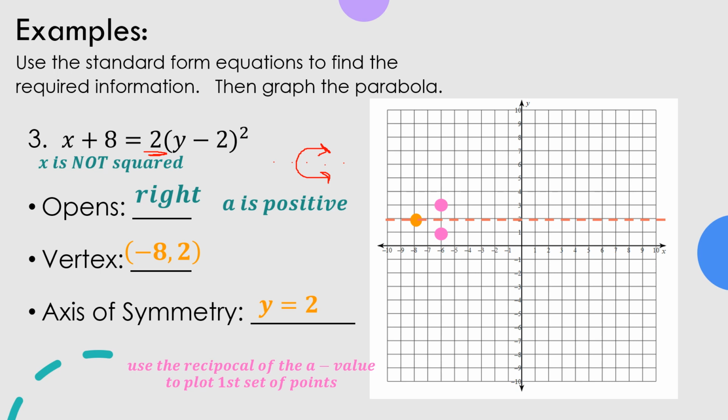You can again substitute values, y equaling 0 and 4, to get the next set of points, or you can use that pattern of tripling that distance out from your vertex. So we have our vertex at -8, 2. The first set of points are 1 unit above and below, 2 units to the right. Sketch your parabola. You got it.